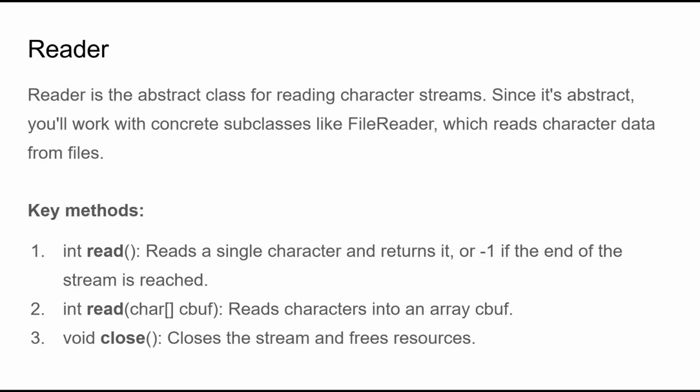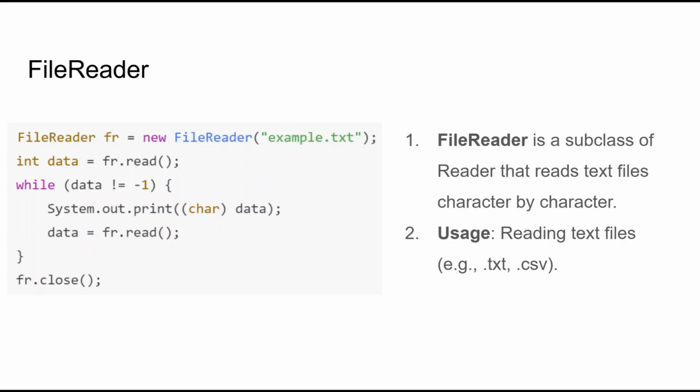This is an example of FileReader. I created an object called FileReader where I need to pass the input file path, that is example.txt here, and int data = fr.read(), which will read the data character by character. I'm using a while loop to check data is not equal to -1, meaning we are not at the end.